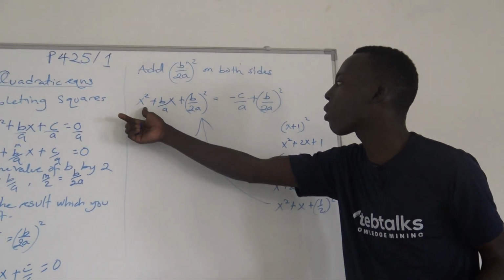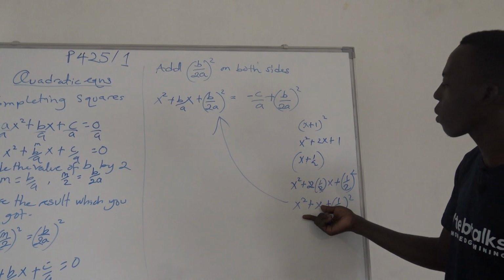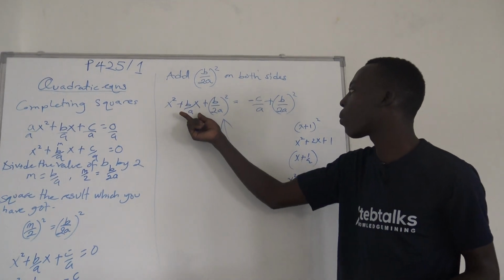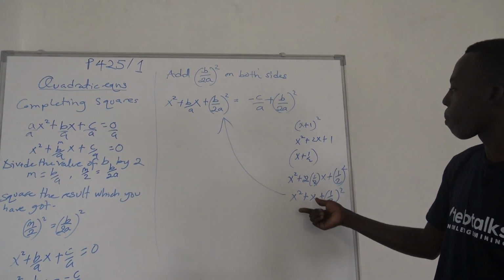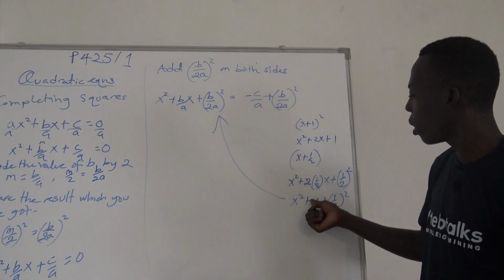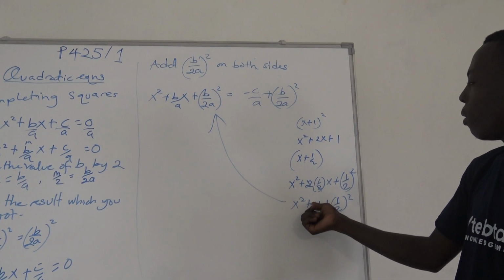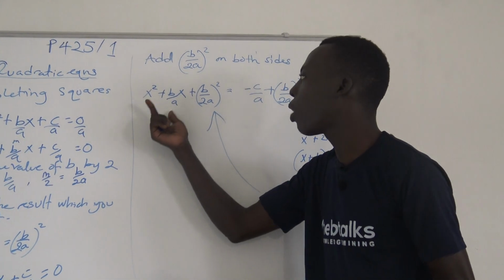So we have x squared, so here we have x, so here we have b out of a x. So that means where there is the invisible 1 here, you have b out of a x.